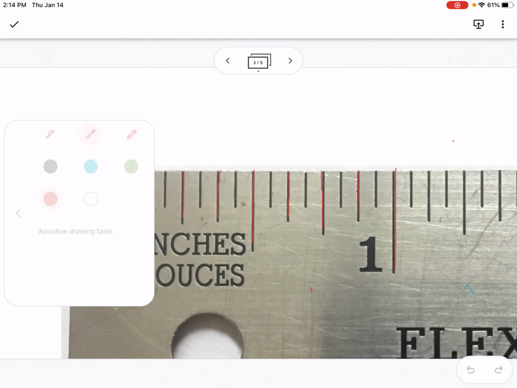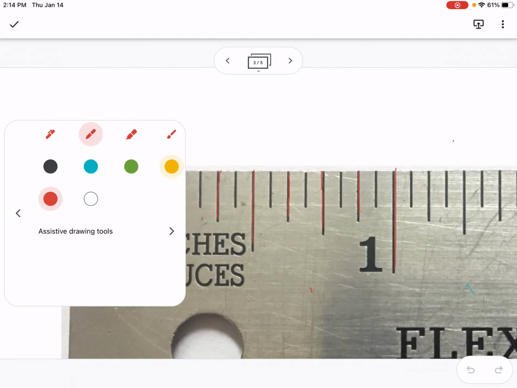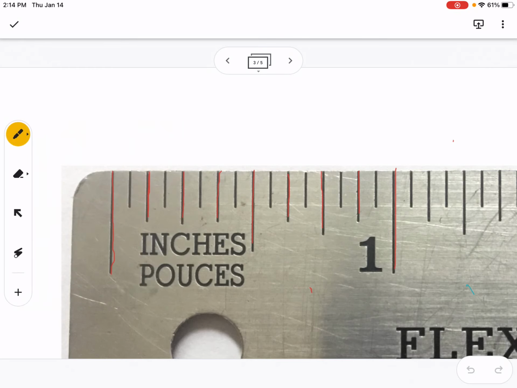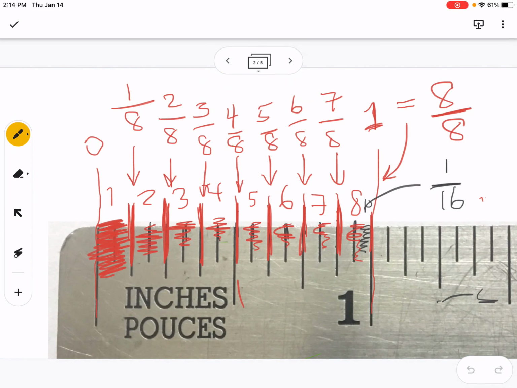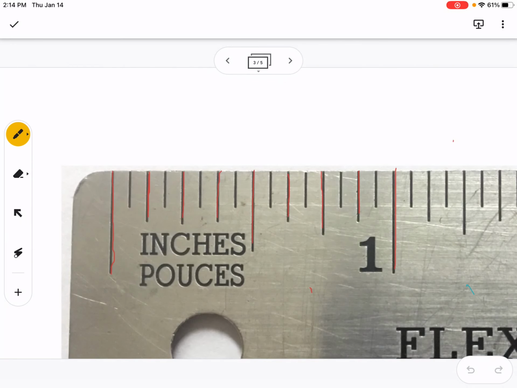Now, if I can take 16ths and bundle them into eighths, then you're probably wondering if I can take eighths and bundle them into something else. So on the ruler that's on the screen now, I've got those red lines, just like we saw on the previous screen. Those red lines are breaking this ruler into 8 parts. But we're going to bundle those guys together. Here's the beginning of our inch.